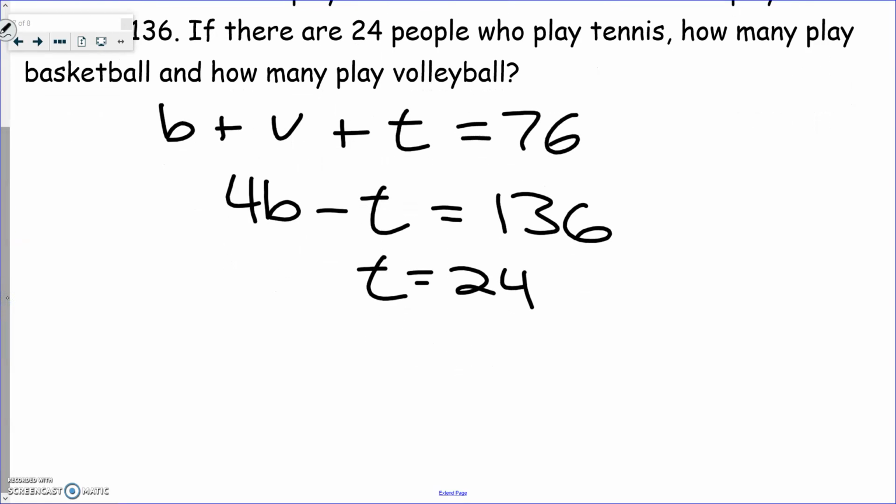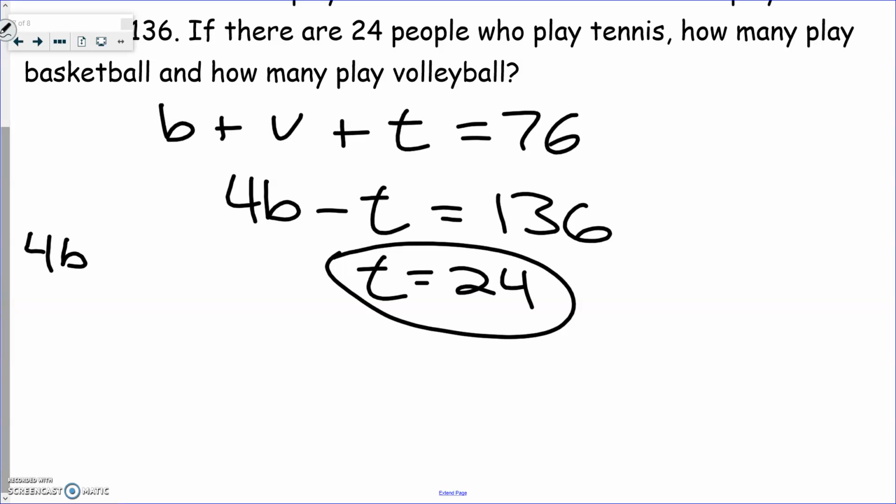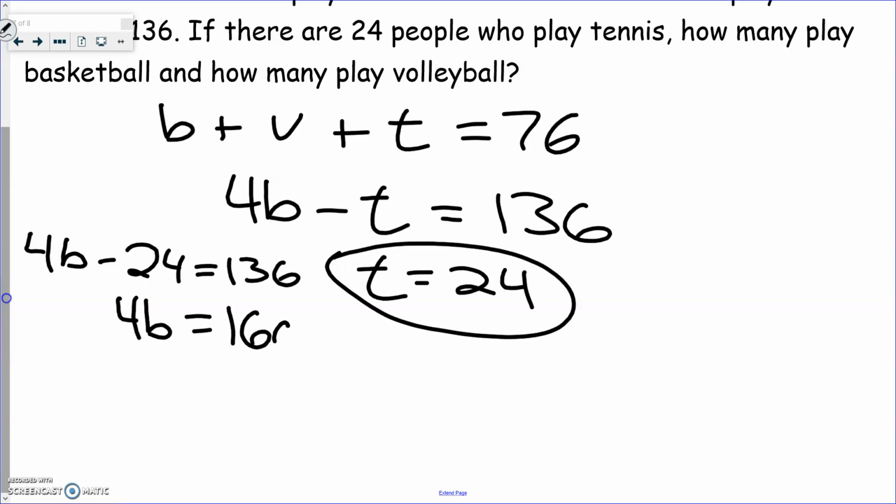Okay, cool. So here's tennis, and here's basketball. So all I'm going to do is sub that 24 in for tennis. So in this case for basketball, I have 4 times the basketball players minus the tennis players, which I know is 24, is equal to 136. Well, I need to add 24 to both sides here, so I have 4 times my basketball players is equal to 160.